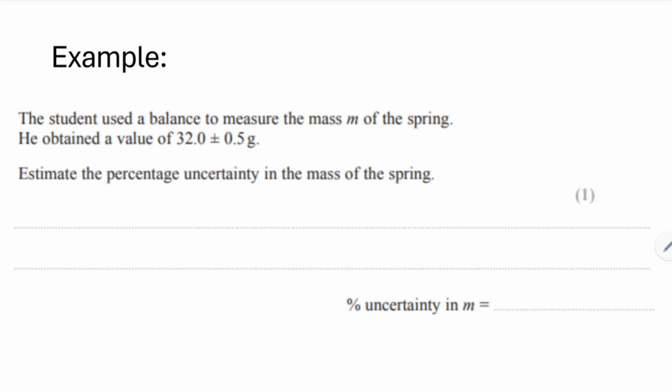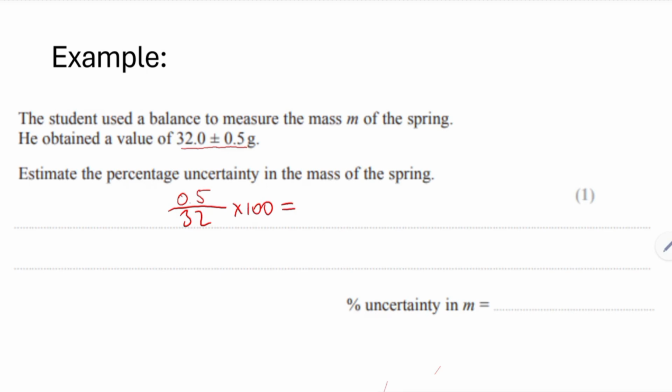Estimate the percentage uncertainty in the mass of the spring. He obtained the value of 32 plus or minus 0.5. So 0.5 is going to be the absolute uncertainty, and 32 is going to be the value, and you multiply it by 100, as you could see on the previous slide.